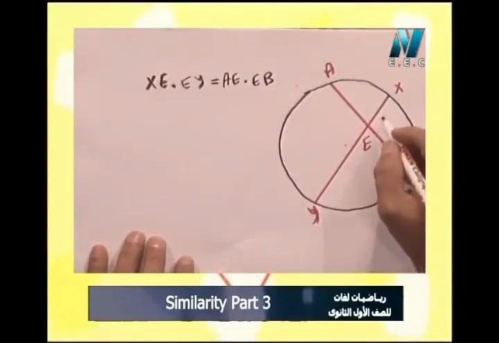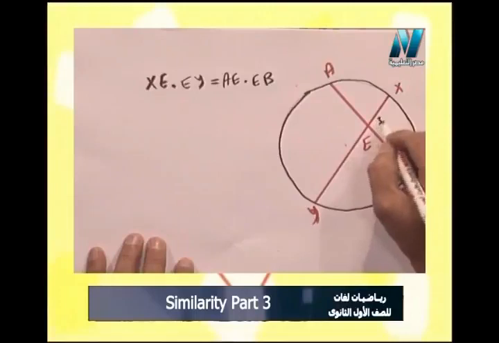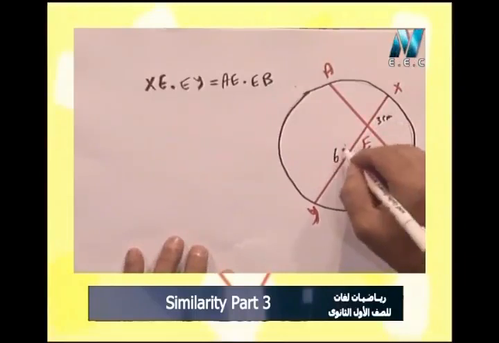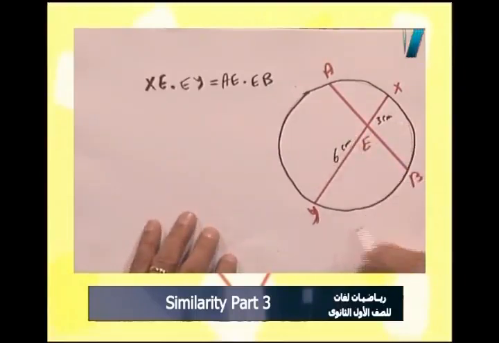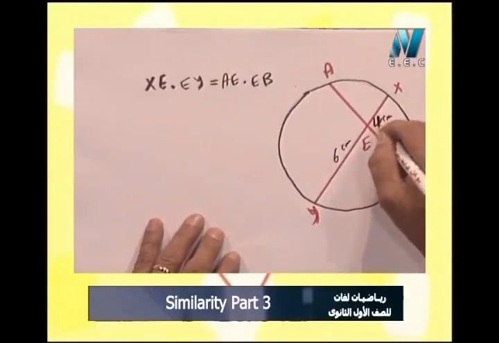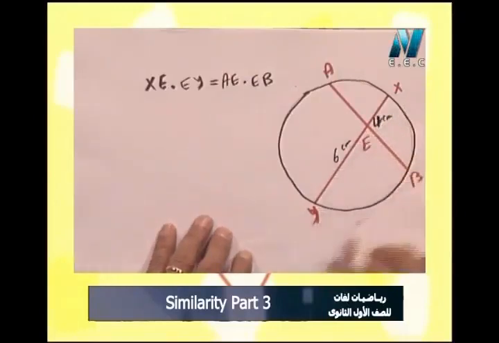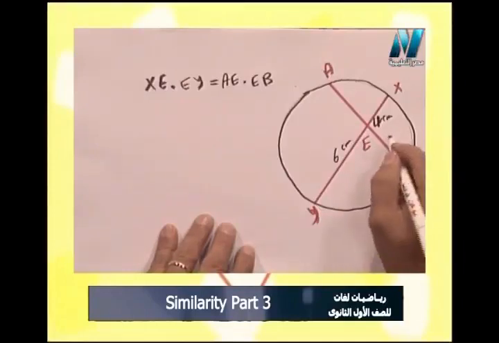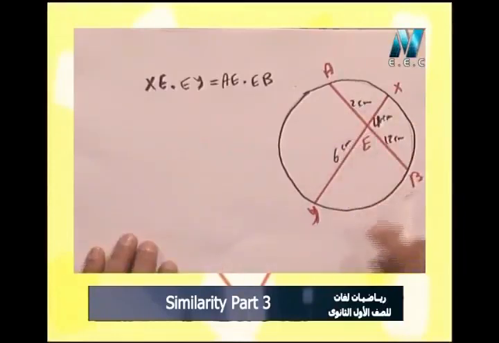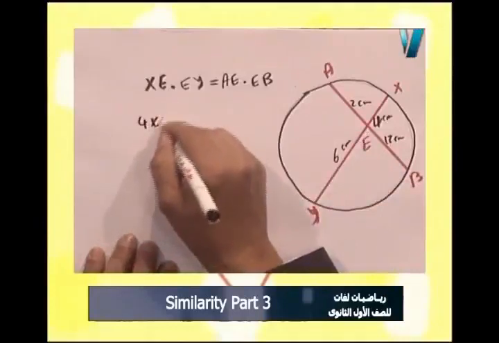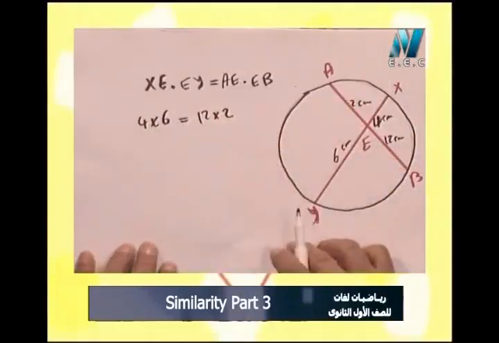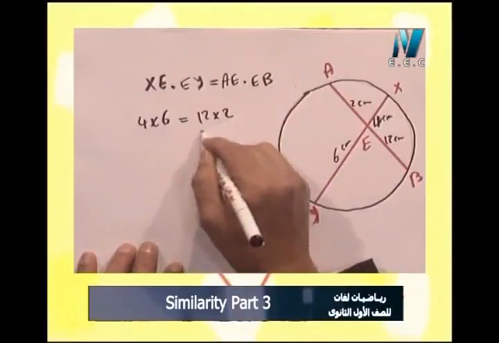If we have this one equal to 4 centimeters and this one equal to 6 centimeters, and EB equal to 12 centimeters and this is 2 centimeters, if you multiply 4 times 6 and multiply 12 times 2, they will be equal because all of them equal 24.